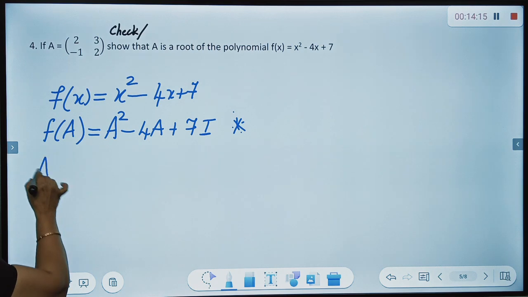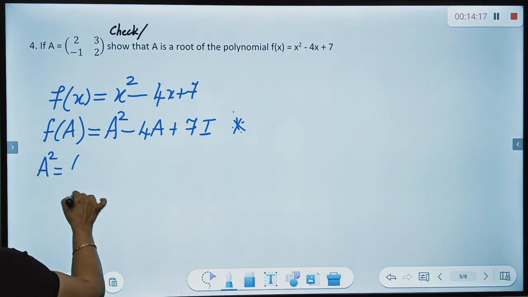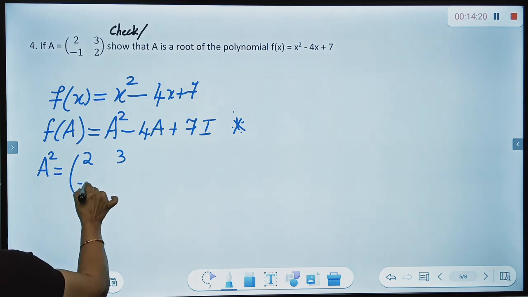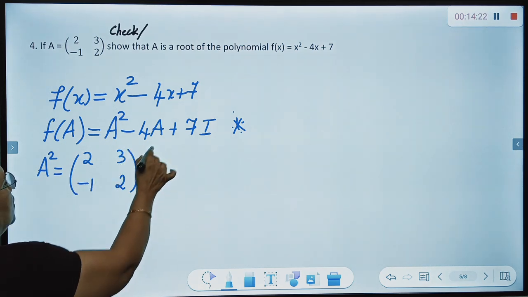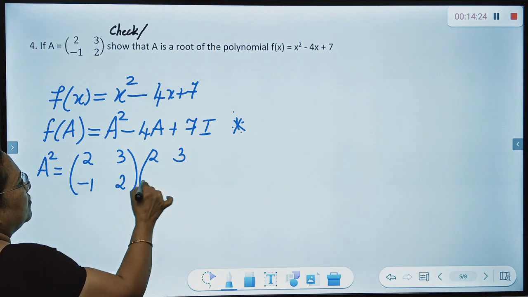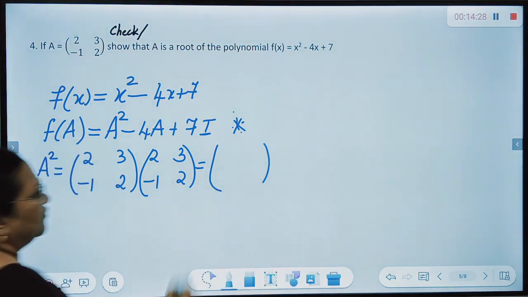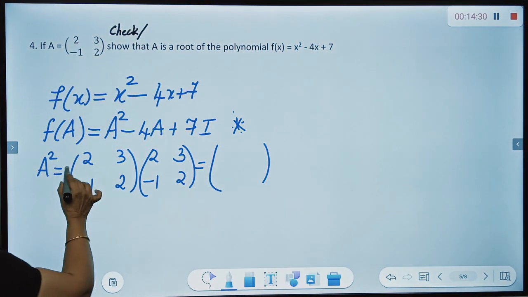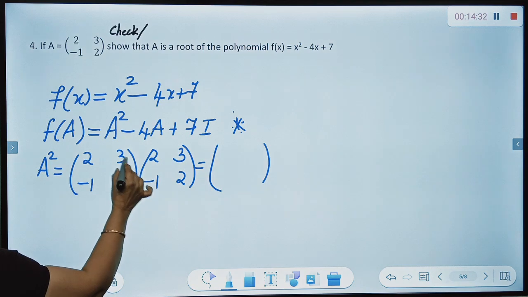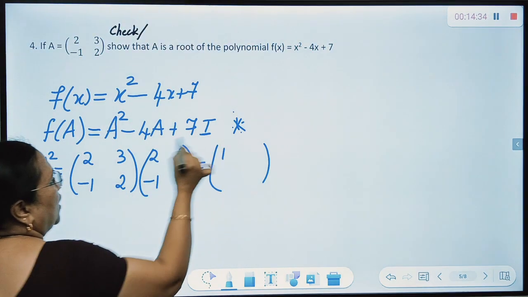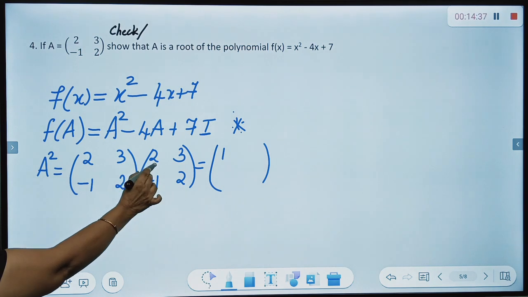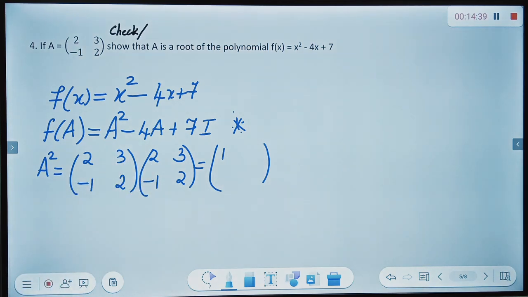Now what is A square? A square is 2, 3, minus 1, 2 into 2, 3, minus 1, 2, which is first row, first column, 4 minus 3, which is 1. 2 into 2, 4, minus 3, which is 1.